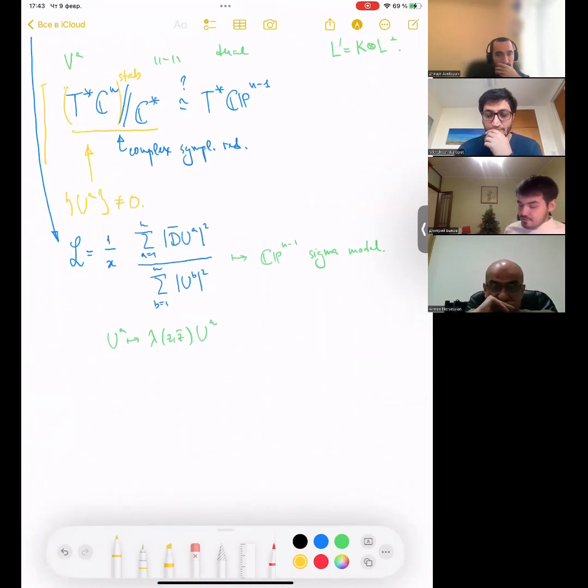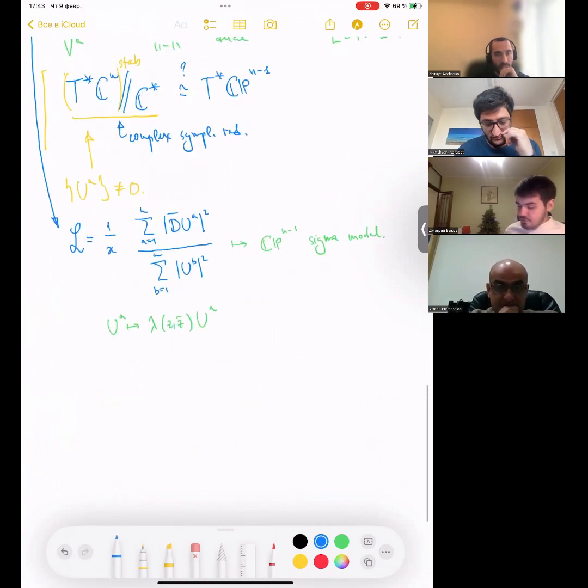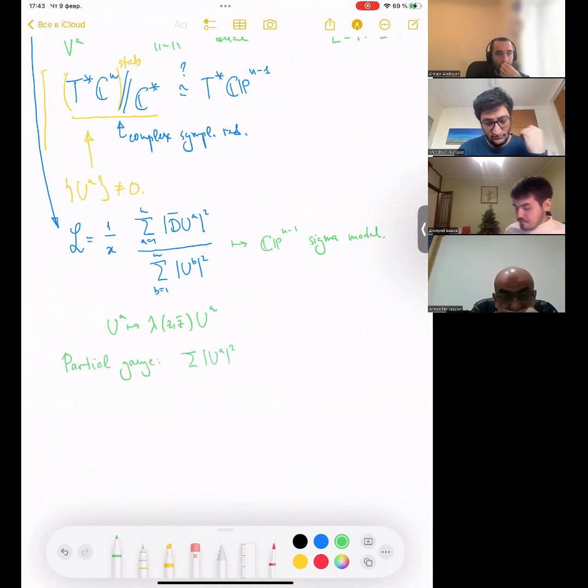Anyway, when you integrate over this momenta V, you get back to the geometric form of the Lagrangian. Using this C star symmetry, you can set a partial gauge, and then you get rid of the denominator here.